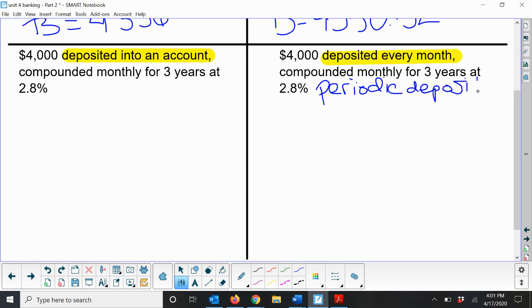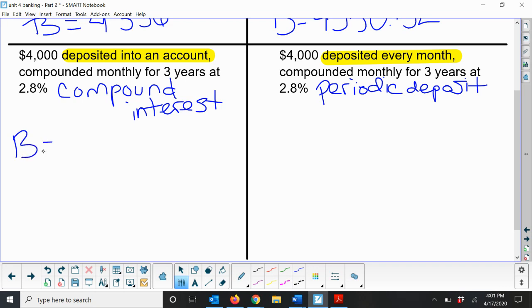And when we just deposit one time, like we do on the left-hand side here, this one is just our compound interest. And so that is our clue to tell us which equation we're going to use. So again, one single deposit is just a compound interest formula, like so.